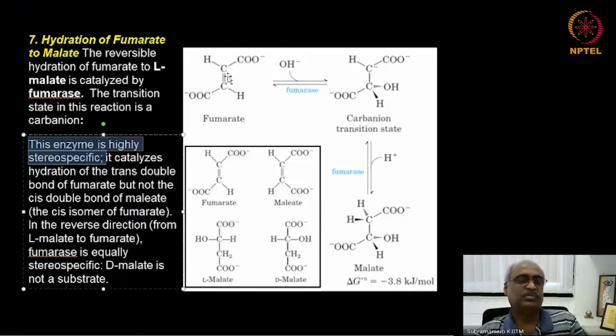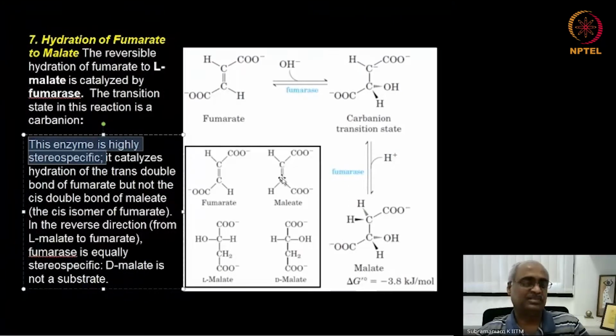See, the moment you have a double bond, we have this cis-trans or geometrical isomerism that we learned a long time ago. So that comes into picture. So only when it is in trans, this enzyme will accept it as a substrate. It will not take the cis isomer as a substrate.